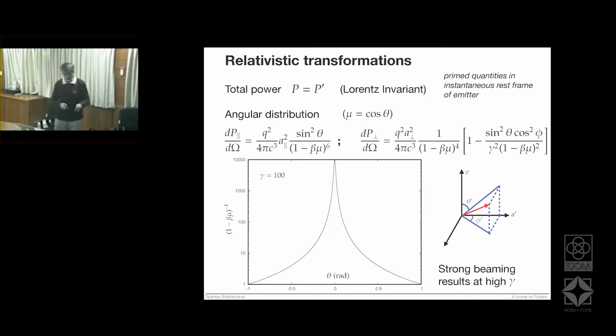So the particle radiates a certain number of ergs per second in its rest frame. It doesn't matter if you go to a moving frame and enclose the particle and look at the entire radiation crossing this. It is frame independent.